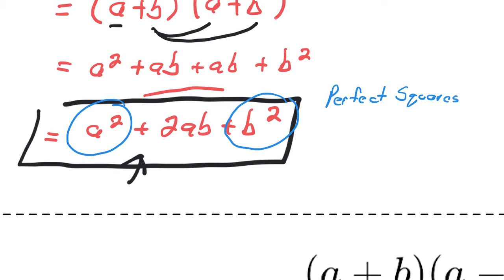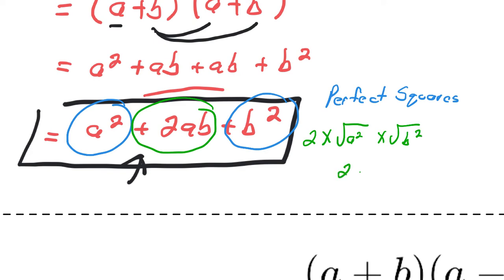The middle term is twice the value of the square roots of the outer two terms. So that middle term is going to be 2ab. So this creates a situation where you can multiply a perfect square trinomial quite quickly.